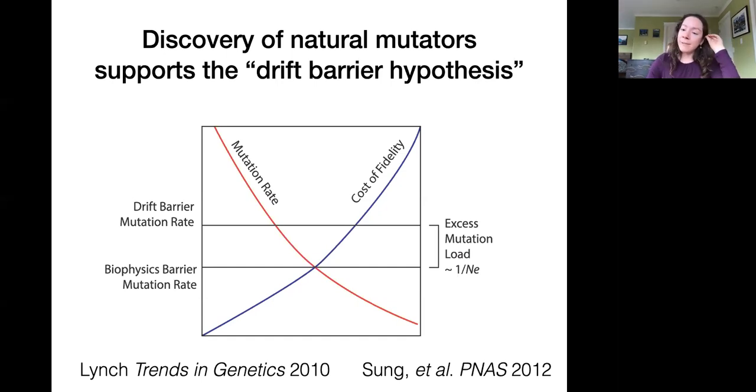Because basically, if you have, say, a mutator allele that increases your mutation rate, but the excess mutations that you get from that only give you an excess mutational load of fitness cost 1 over the population size, then that's going to be nearly neutral, and you're not going to be able to select that out of your population, and so this will naturally just drive mutation rates up to this drift barrier.